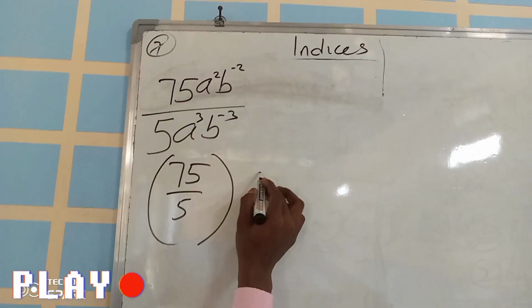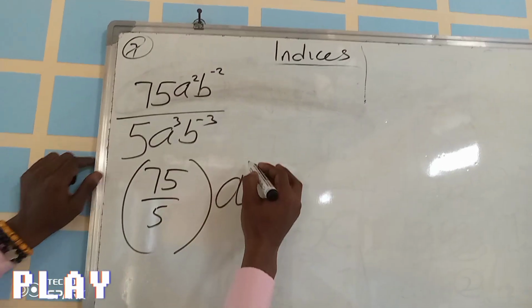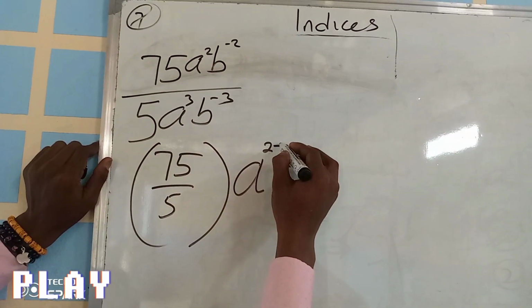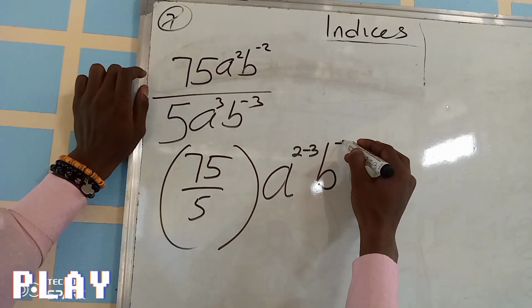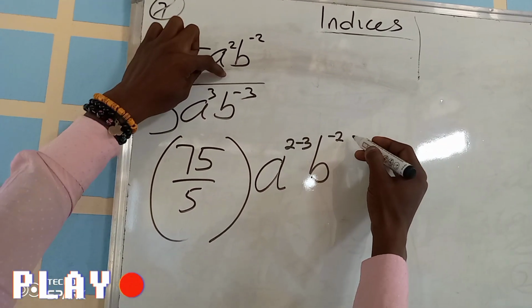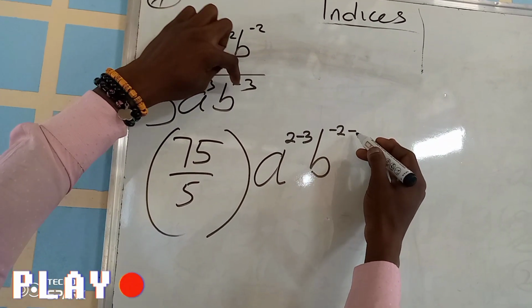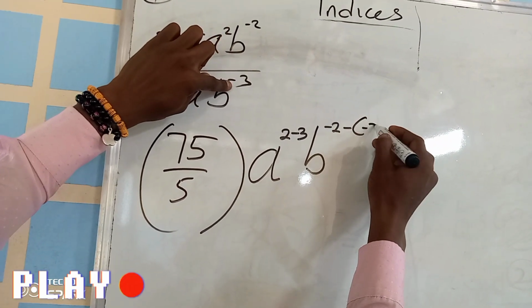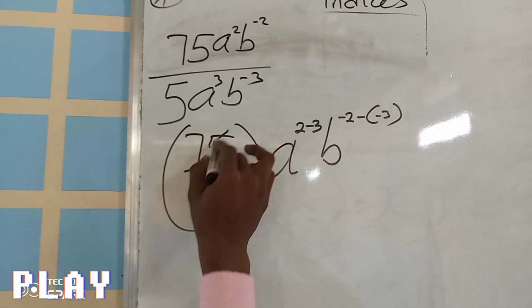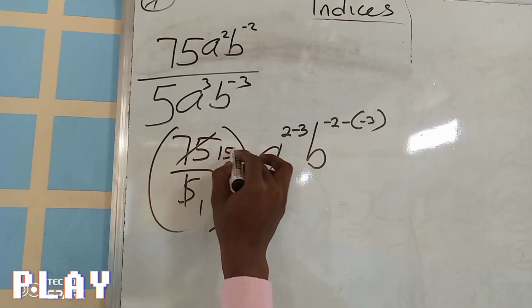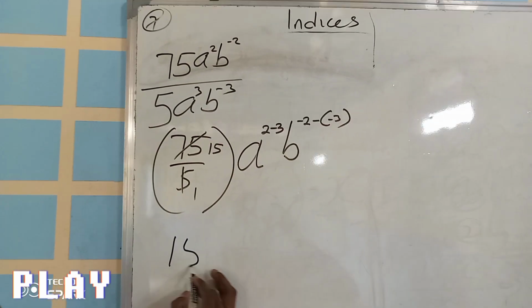So we have a to the power 2 minus 3, then b to the power minus 2, then minus, because it's the division sign, then another minus for the minus 3. 5 into 75 is 15. So now we have 15a.